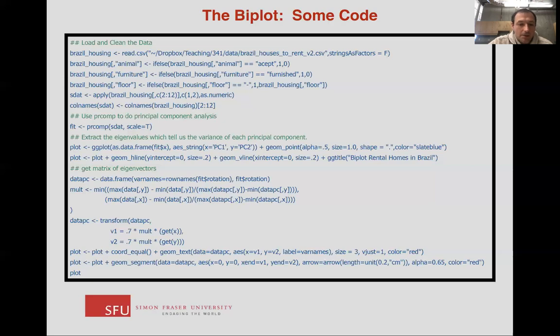And then the bottom two lines I'm using to create those line segments emanating from the origin. Okay, so you'll play around with this code more in your optional lab, and obviously you can download the data and play around with this as well on your own.